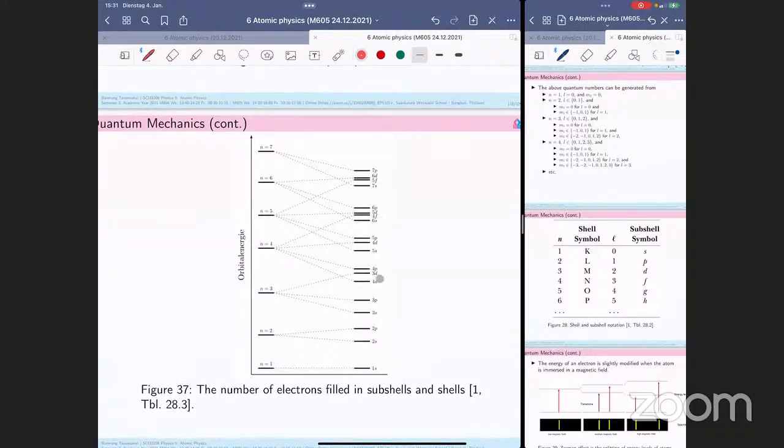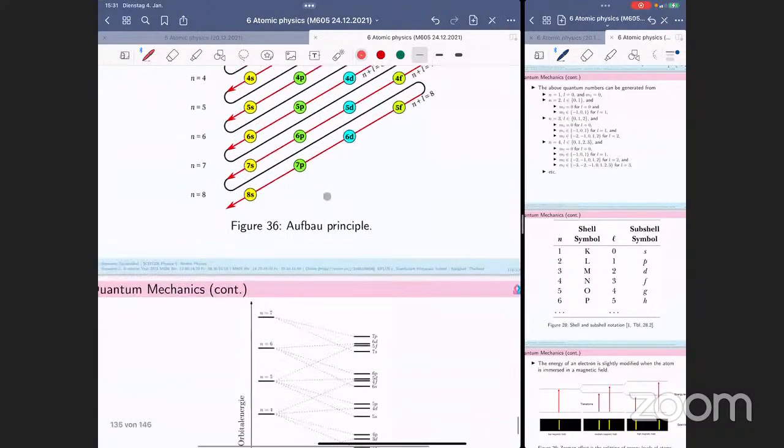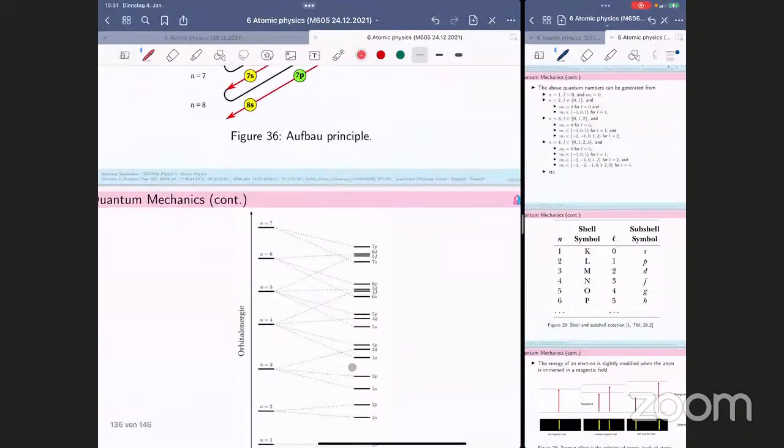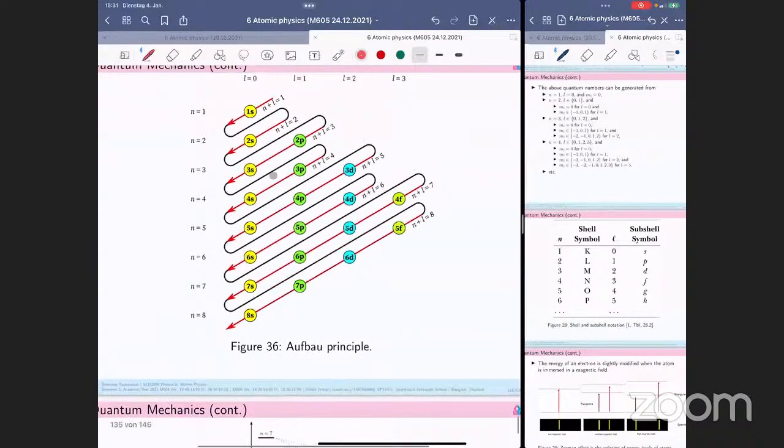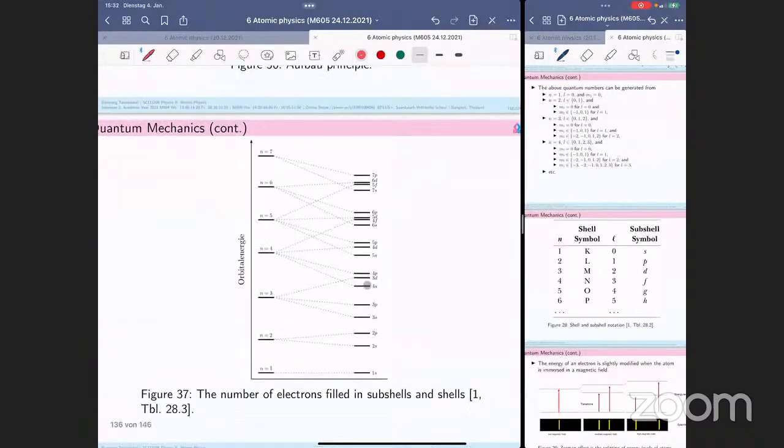And 4s is actually lower than 3d, and 4p is a little bit higher than 3d, because you go along this way. Okay, you first meet 4s, and then 3d.